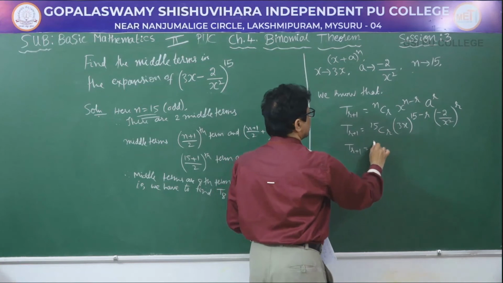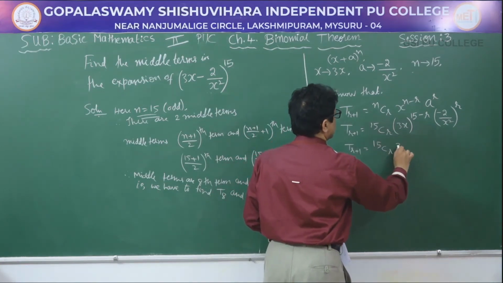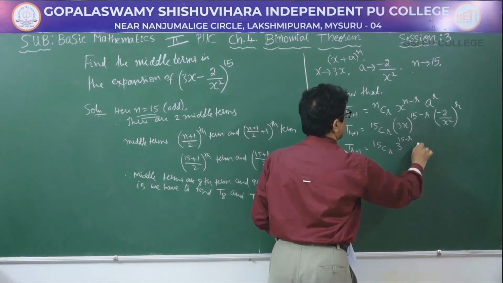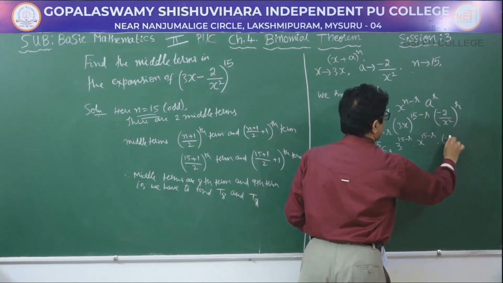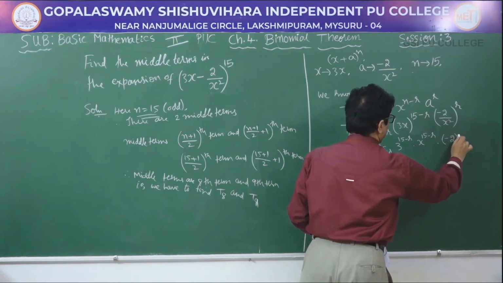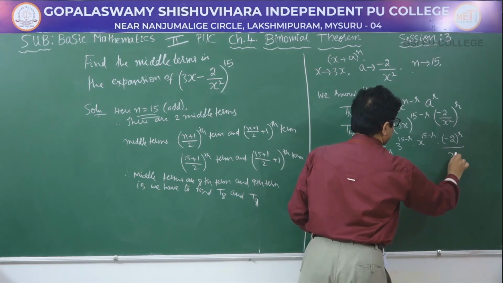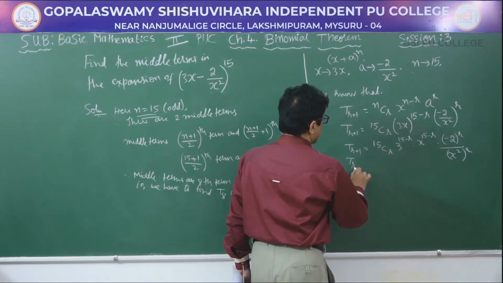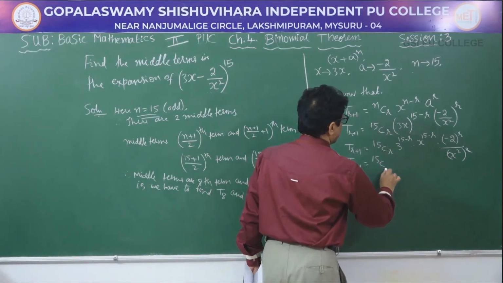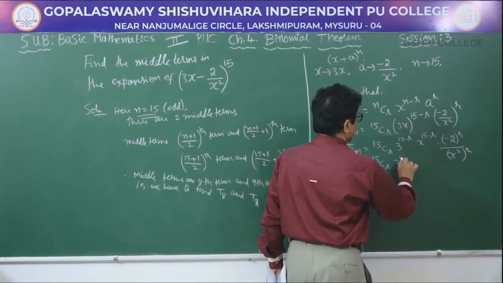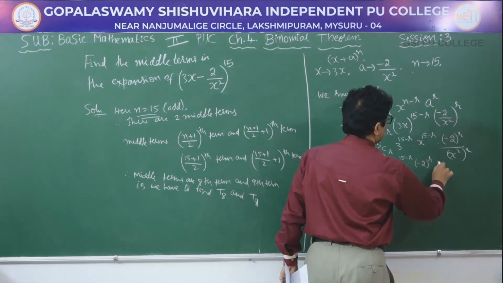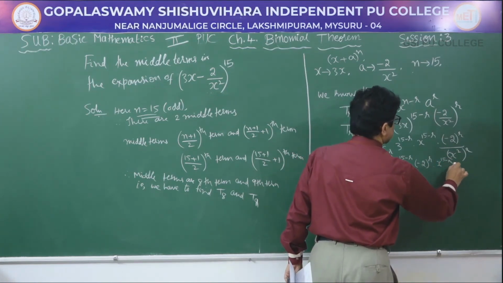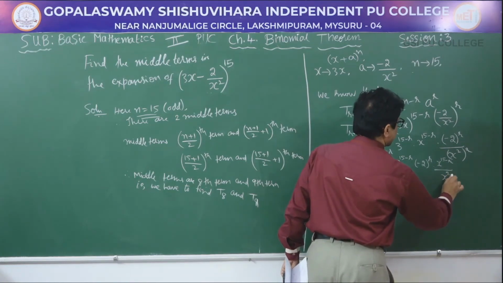T(r plus 1) is equal to 15Cr into 3 power 15 minus r into x power 15 minus r into (minus 2) whole power r by (x power 2) whole power r. So, T(r plus 1) is equal to 15Cr into 3 power 15 minus r into (minus 2) whole power r into x to the power of 15 minus r divided by x power 2r.